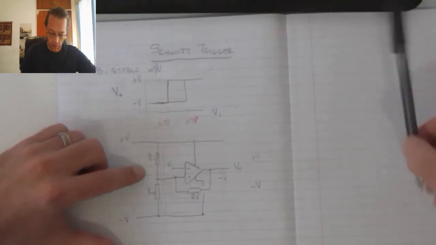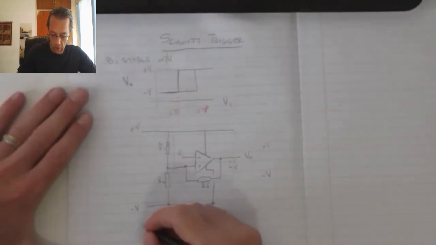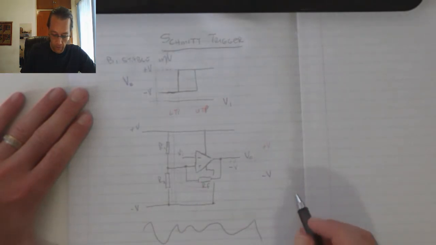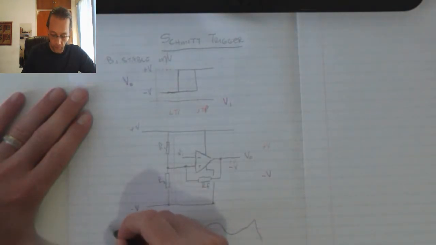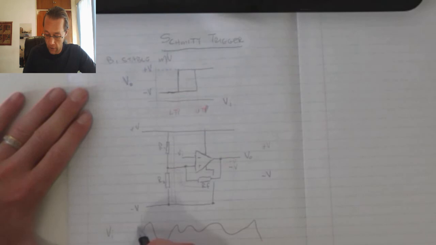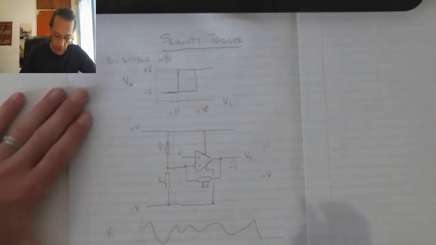So looking at the graph for this, if this is my input signal, let's draw something silly like that. If this is V in, it'll have two cutting levels, let's say over there and over there.